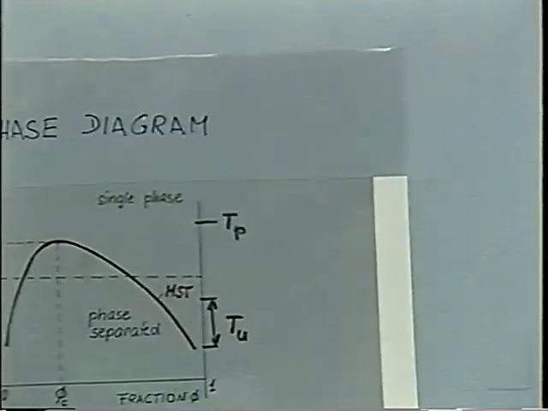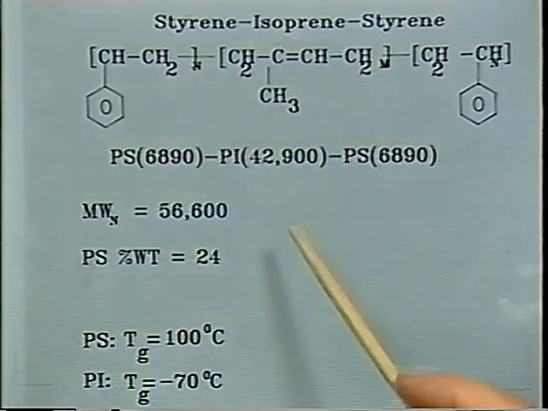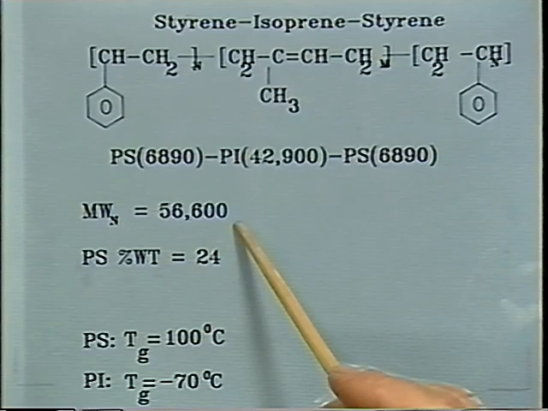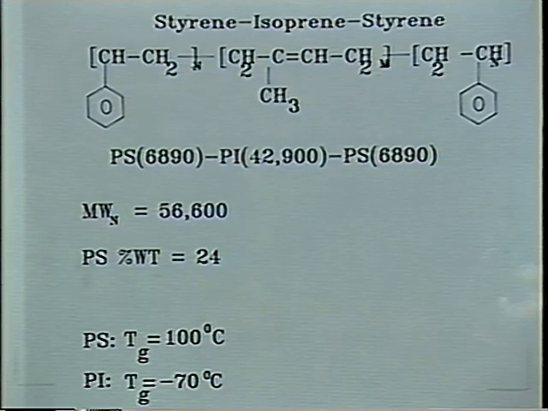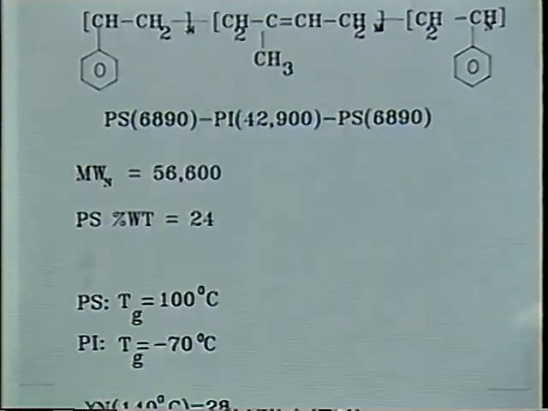The material which allowed those experiments has been synthesized by Gronsky. It's a fairly monodisperse styrene-isoprene-styrene, so it has a soft center block against styrene with its high glass transition temperature. It's close to 60,000 molecular weight, 24% styrene content, so we are talking about cylinders again.